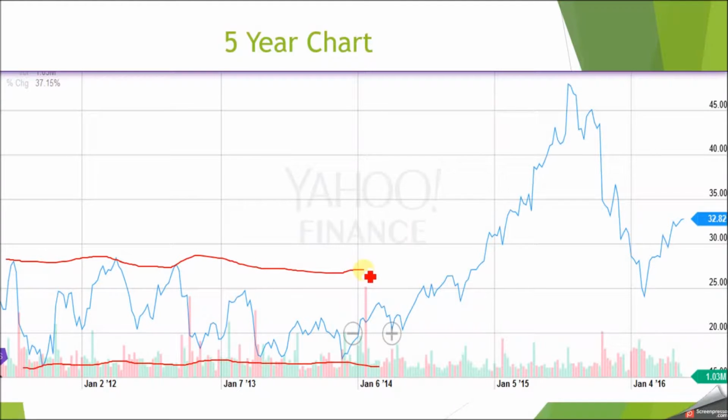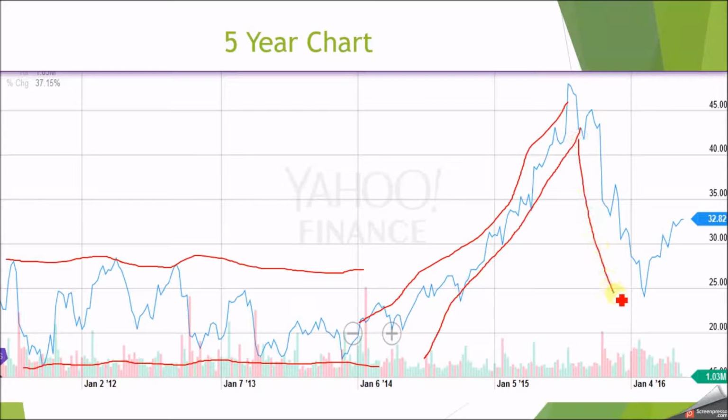The stock is trading in a sideways direction for most of this first half of the 5-year chart. Then the channel changes direction, as you'll see. It goes to a positive sloping one, then it's going to go down. More recently, we're in an upward sloping channel.